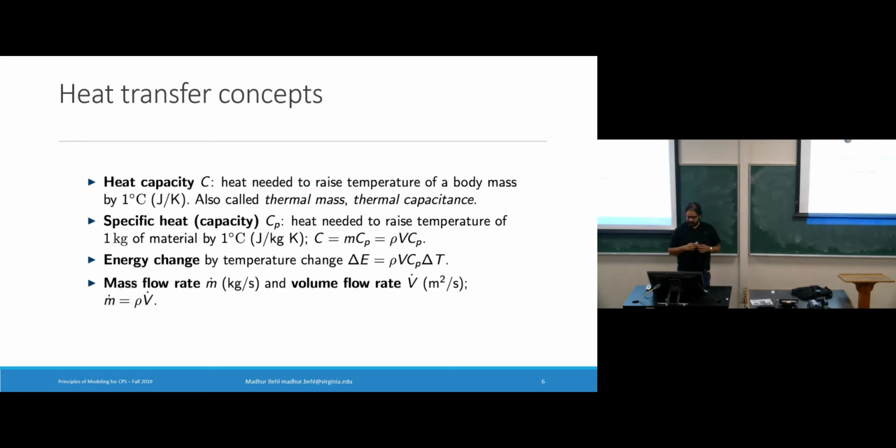Maybe some other definitions that you may have seen but forgotten. The heat capacity of a substance is the amount of heat energy needed to raise the temperature of that substance by 1 degree Celsius. Okay, so think of this as the thermal mass, or the mass equivalent of this thermodynamics view of the world, right?